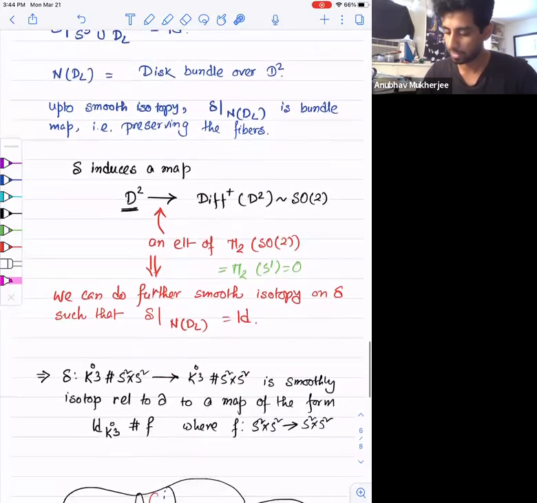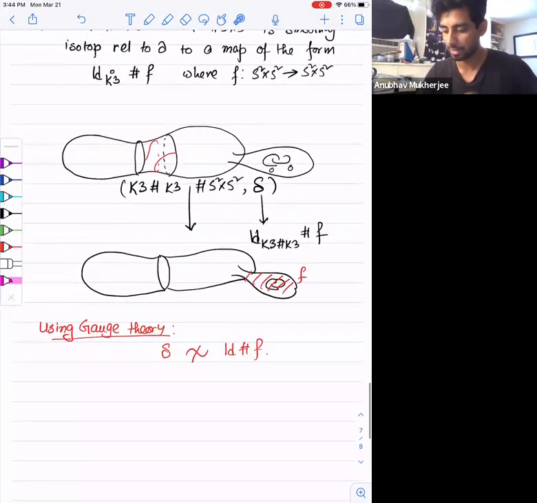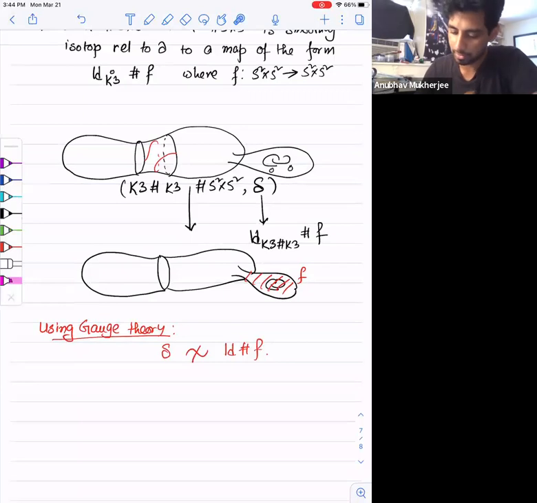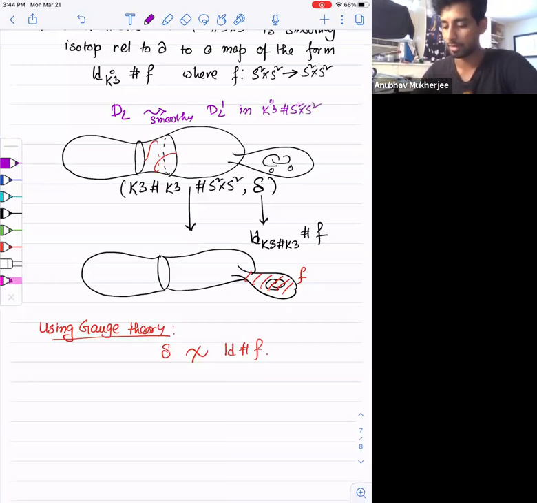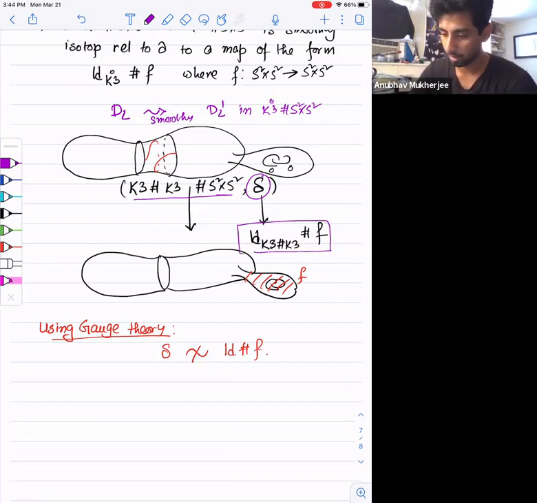My claim is that if this pair of disks, DL, is smoothly isotopic to DL prime in K3 connected sum S2 cross S2, that implies that this Dehn twist on K3 connected sum S2 cross S2 is smoothly isotopic to a map of this form, which is identity on this part, K3 connected sum K3, and which is some diffeomorphism on this part.